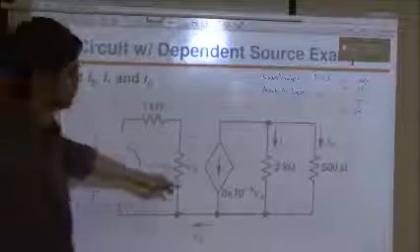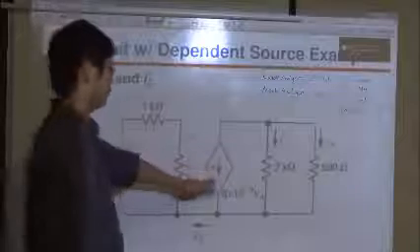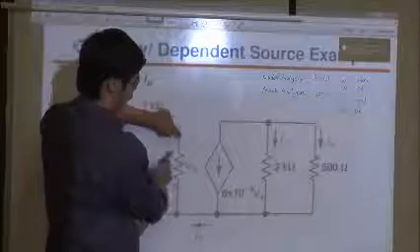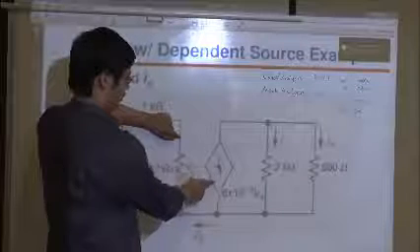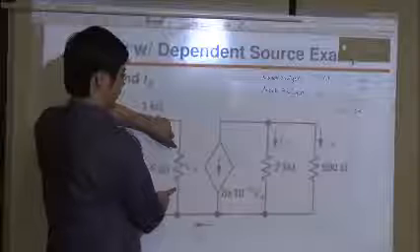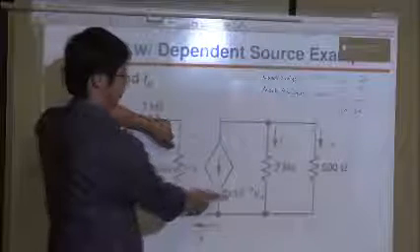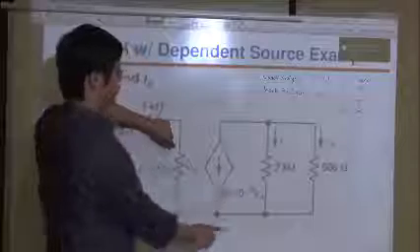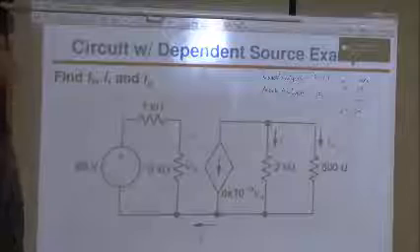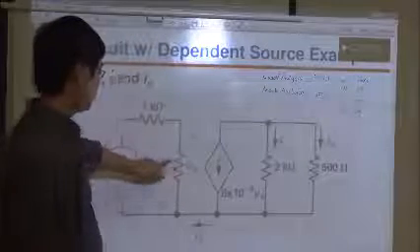For example, this guy is a dependent current source, and its current depends on the voltage of another element. If the voltage drop of this guy is V delta, then the current of this guy is 6 milli times that voltage. So basically its current depends on the voltage of this one.